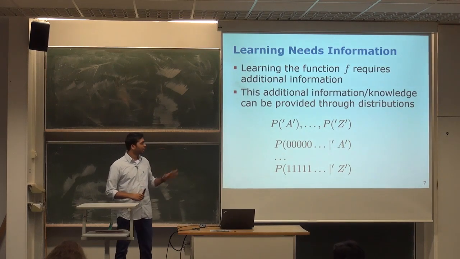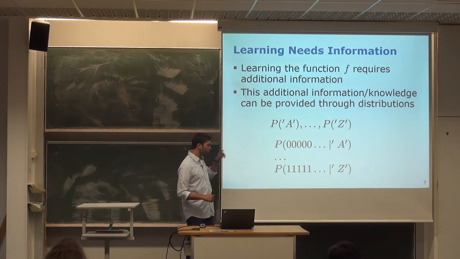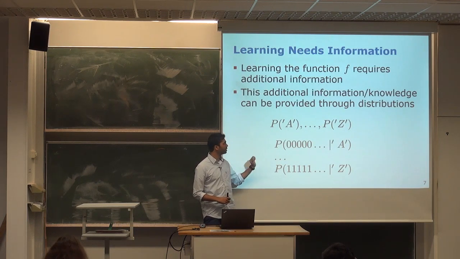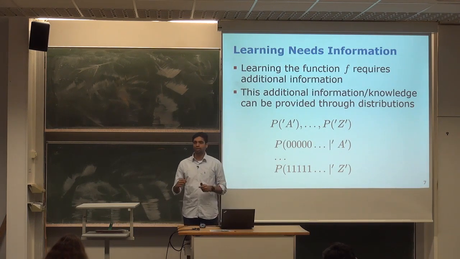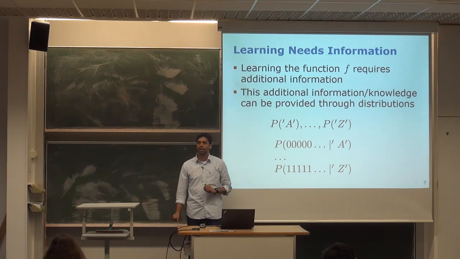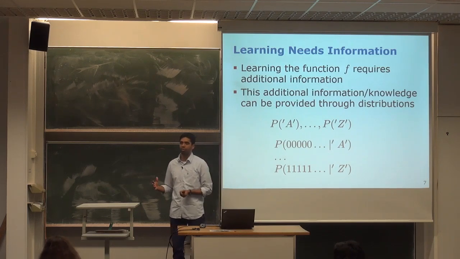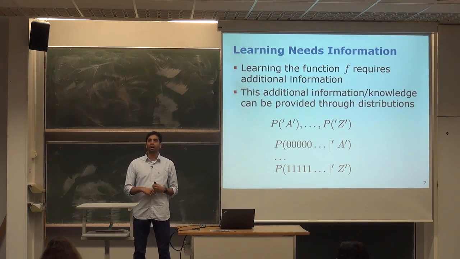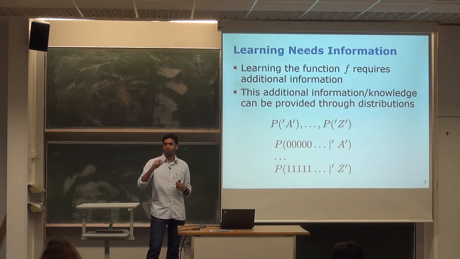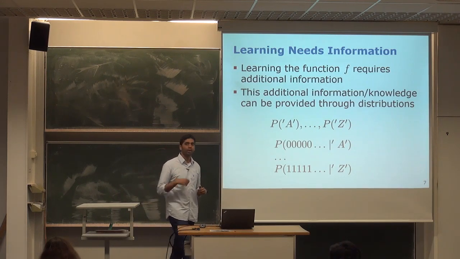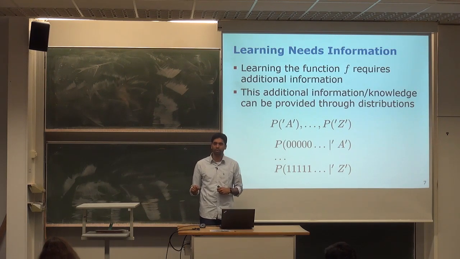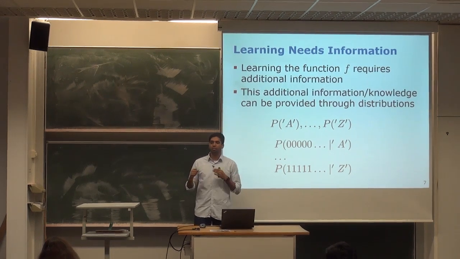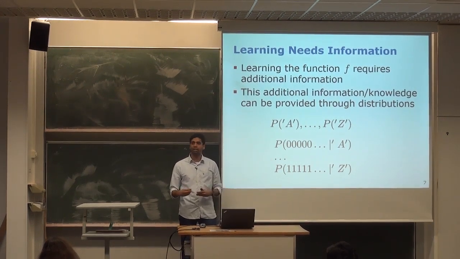So in this lecture, what we'll be spending quite a bit of time on is how to learn these probabilities from the data itself. What this means is that you ask, say, 1,000 people to write the letter A, you collect the data from all the 1,000 people, and then figure out this probability from the data itself.